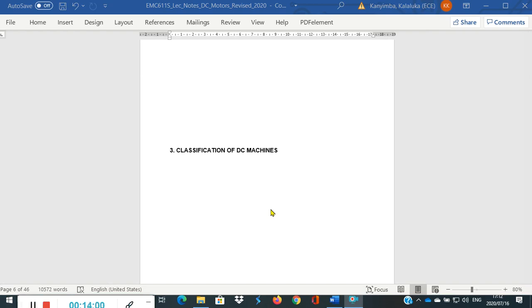In section 3, I want us to talk about the classification of DC machines. And those machines are DC motors. So let's change this to DC motors.